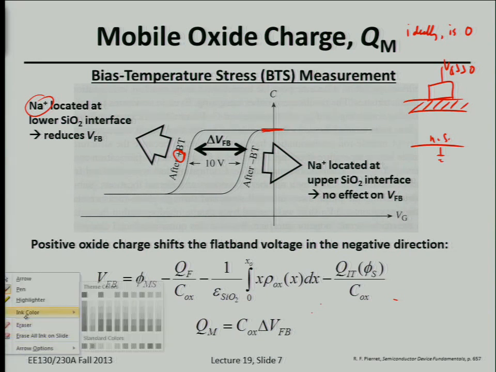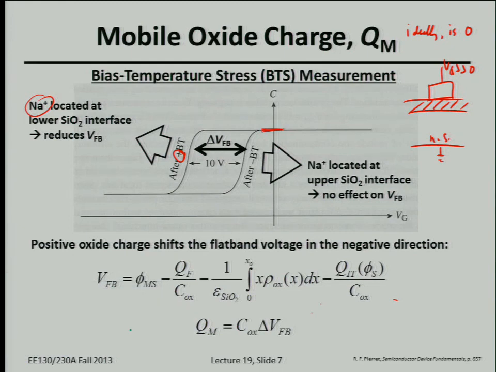And let's say there is mobile charge in the dielectric. Where will the mobile charge move? Will it be closer to the gate or closer to silicon? Silicon, that's right. So if the charge is mobile, it's going to be repelled by this positive gate voltage. So if you heat it up, you'll get all the sodium to diffuse down to the interface with silicon.